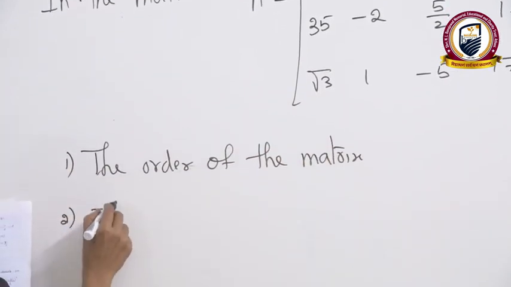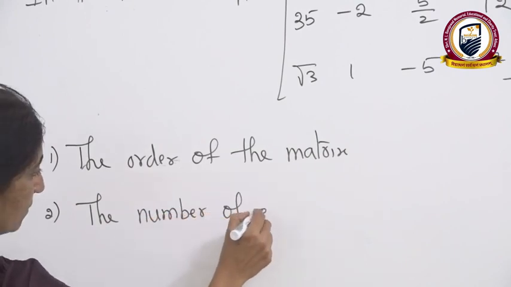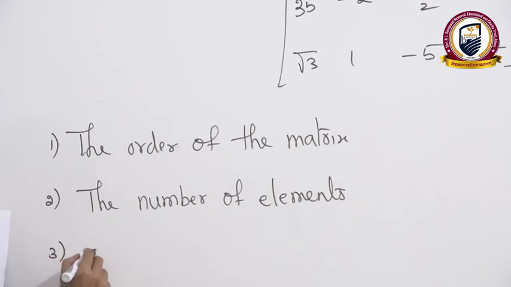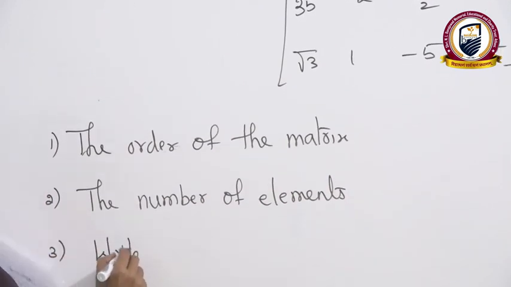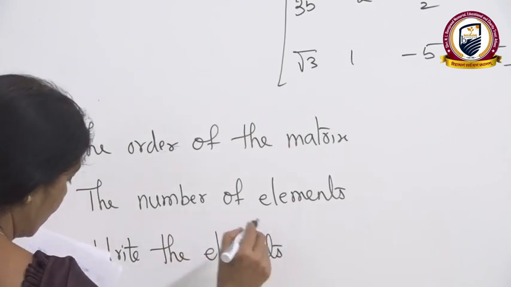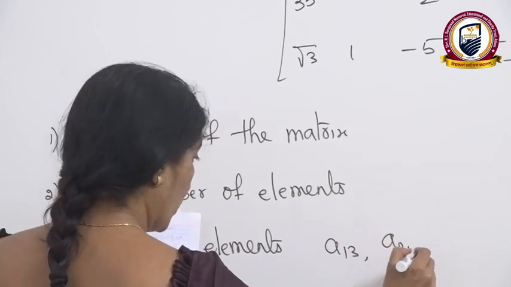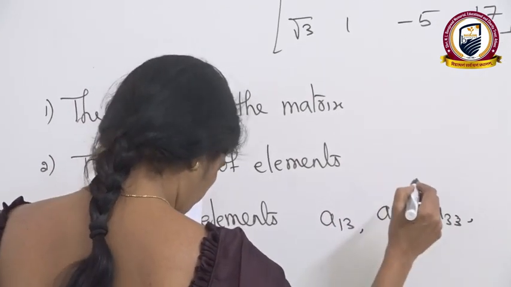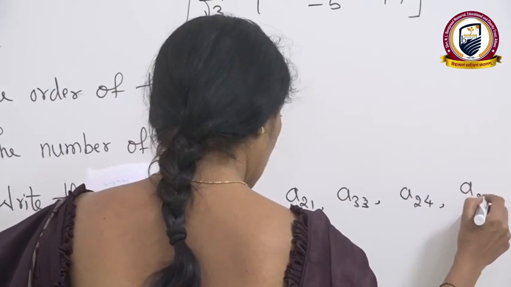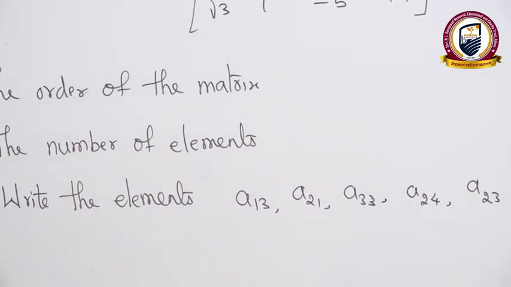Second one, the number of elements. Third one, write the elements A13, A21, A33, A24, A23. Now we are going for the solution one by one.